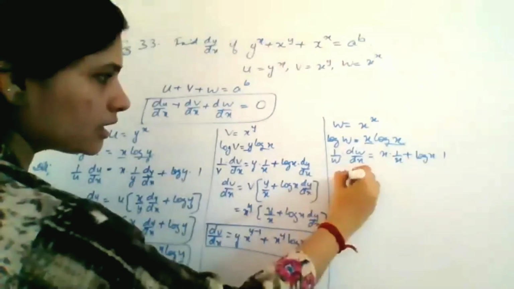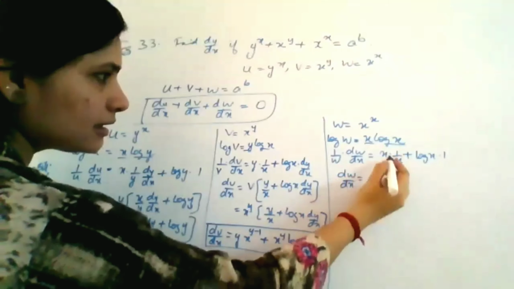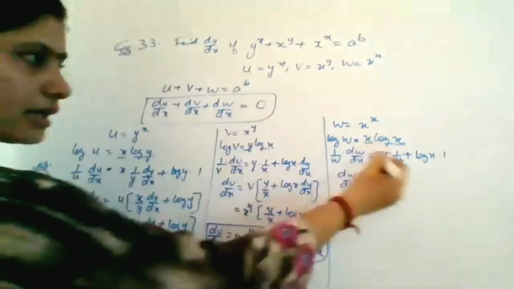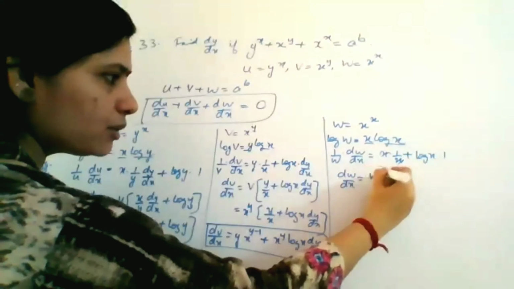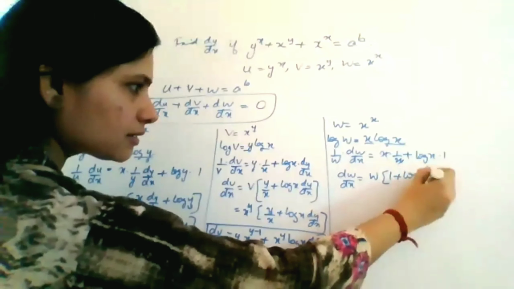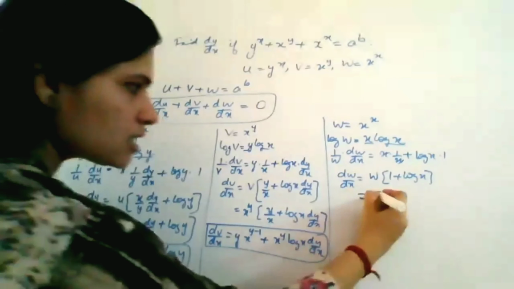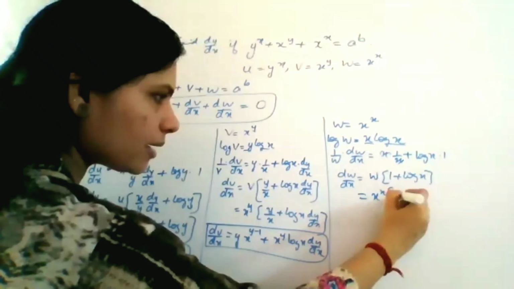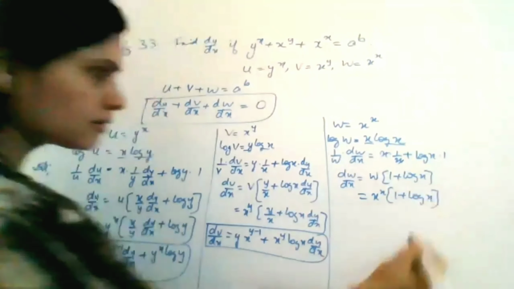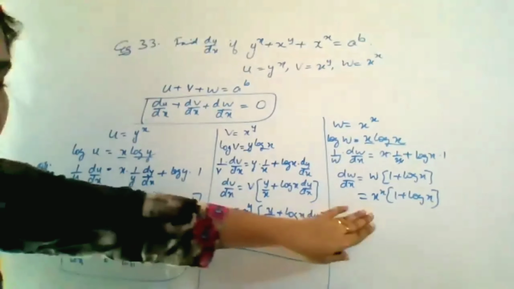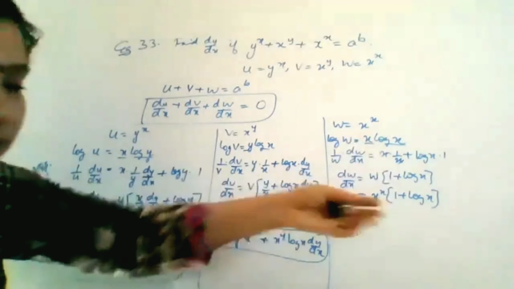We are getting dw by dx as this x and x will get cancelled. We are getting only 1 plus log x, w into 1 plus log x. Right? Now what is w? x raised to x. So x raised to x into 1 plus log x. Here you are not getting any dy by dx term because it doesn't contain any y.